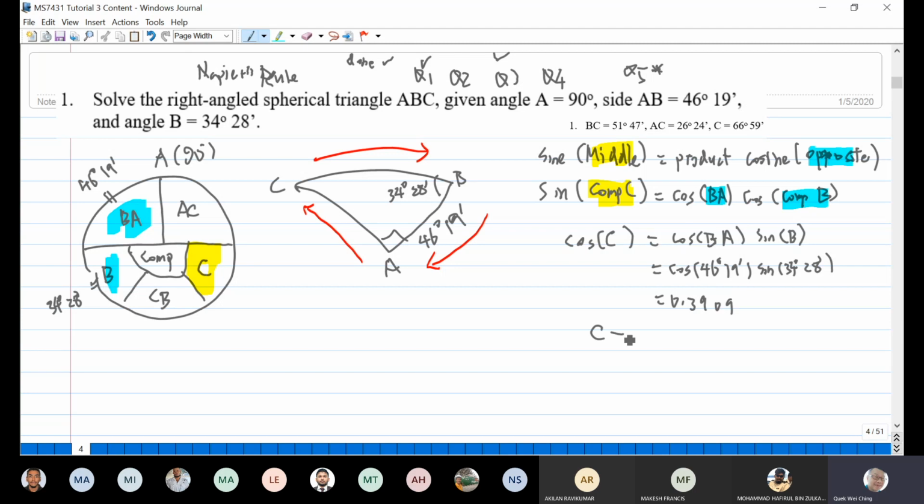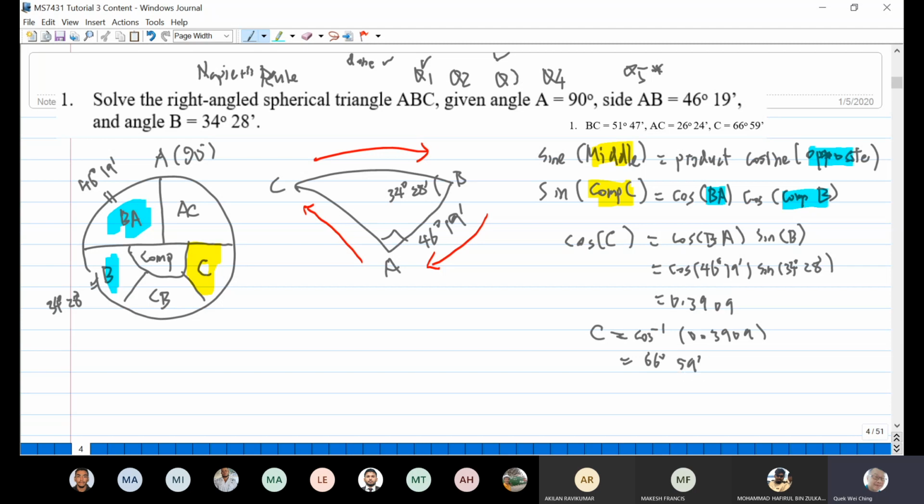So C is equal to cosine inverse of 0.3909. Then press calculator, shift inverse cosine, and the answer is equal to 66.99 or 66 degrees, 59 minutes.